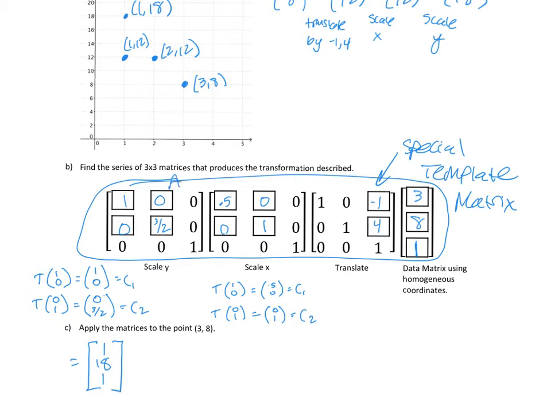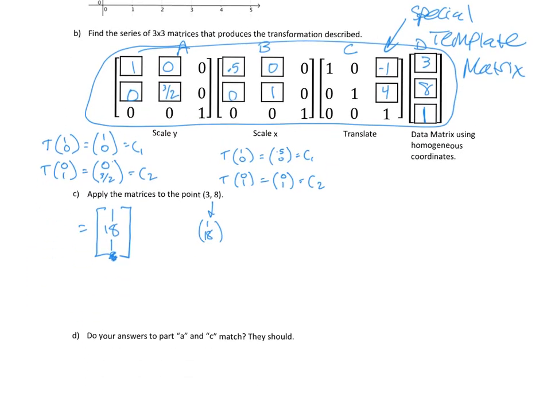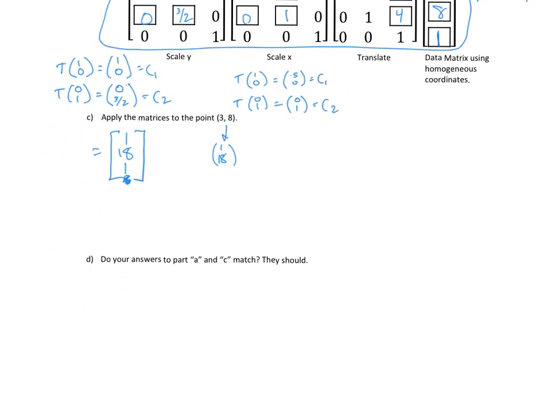Call this matrix A, call this matrix B, call this matrix C, call this matrix D, do A times B times C times D, and you should get (1, 18, 1). And the 1 is just the homogeneous coordinate, so the result is (1, 18). Do your answers to A and C match? Yeah, they should.